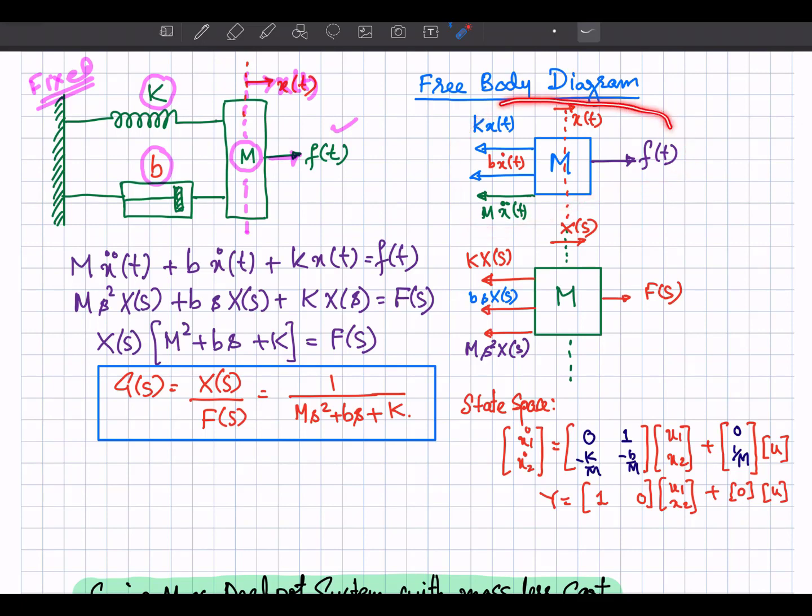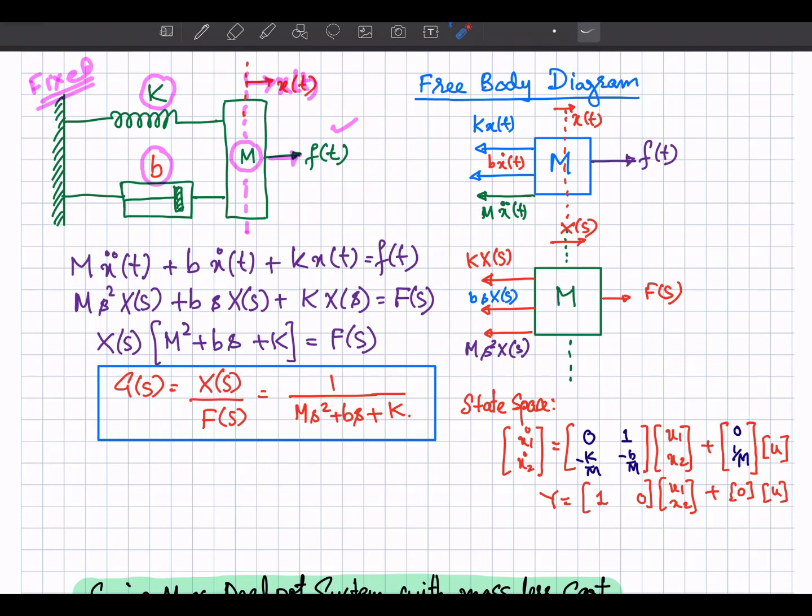So this is in time domain, and the free body diagram in the frequency domain will be represented like this. That is the Laplace transformation of this f of t, that is f of s, and b into x dot will be equal to bs into x of s, and mx double dot will be equal to ms square x of s, right?